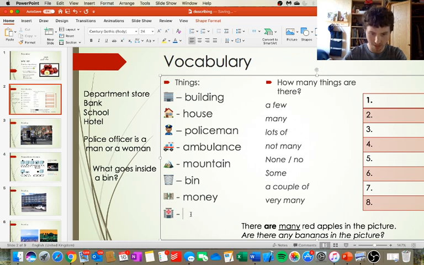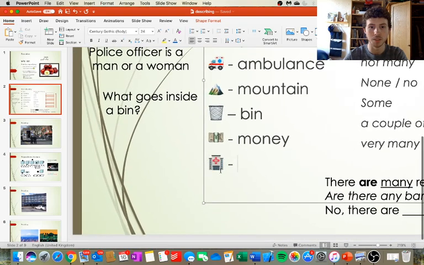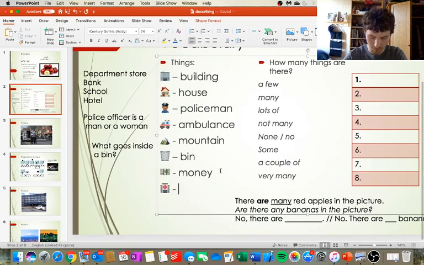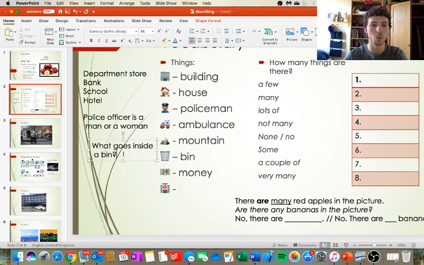and this one. Yeah, good. What goes inside a bin? Rubbish or trash.